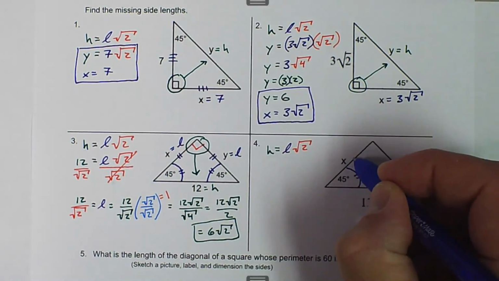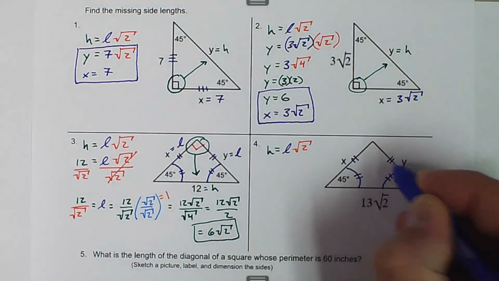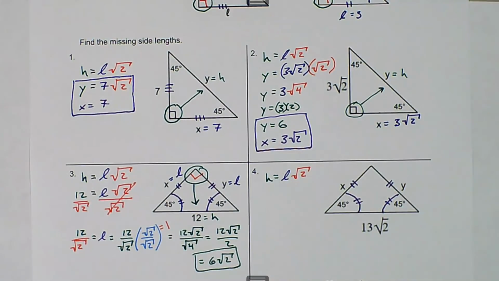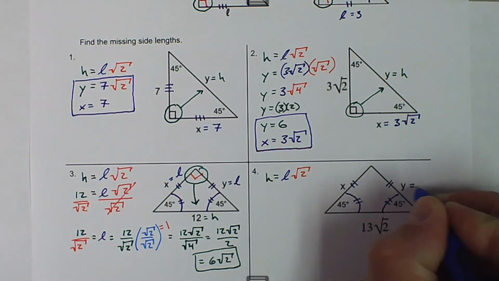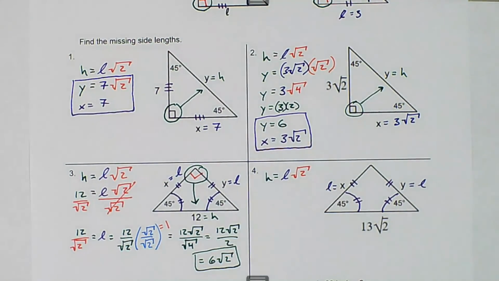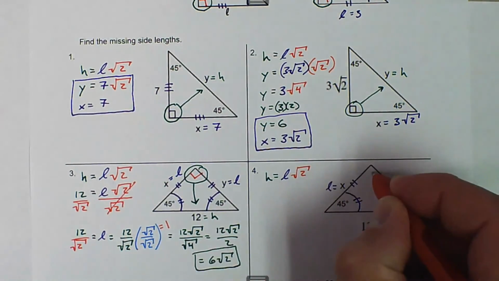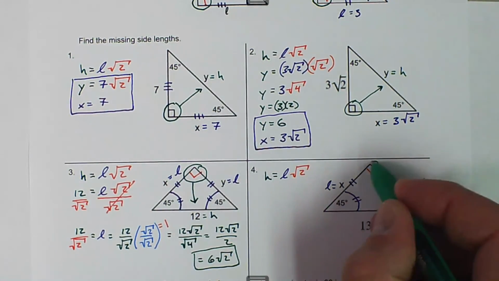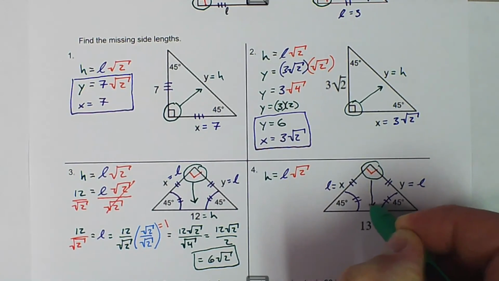So if they are congruent, that means that x and y are congruent, and these are equal to the legs, because this is a 90-degree angle. So our hypotenuse is always opposite the 90-degree angle.